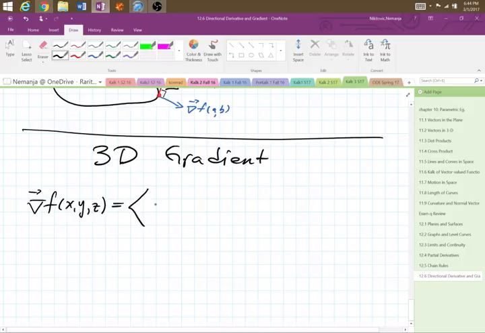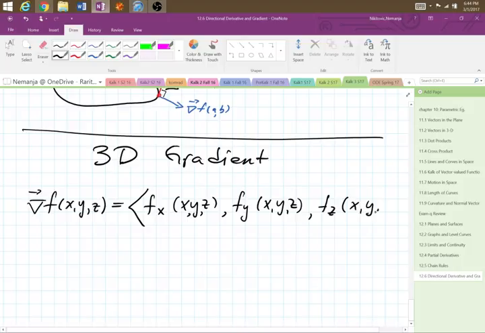So again, it's a vector of partial derivatives.